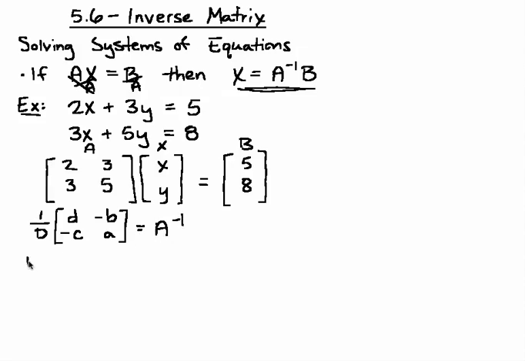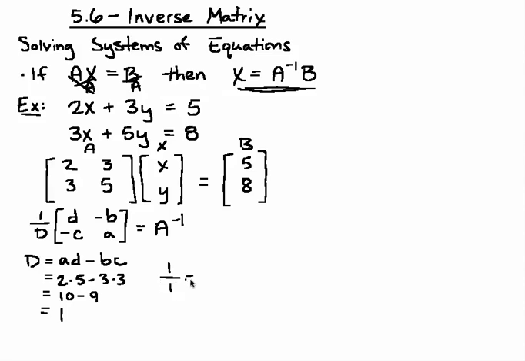So first of all, I need to find D. D is AD minus BC. So this would be 2 times 5 minus 3 times 3, which gives us 1. So now I can use this to find the A inverse.